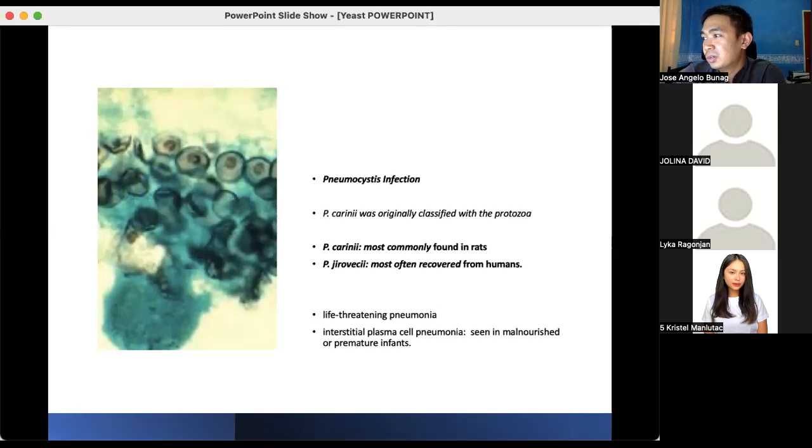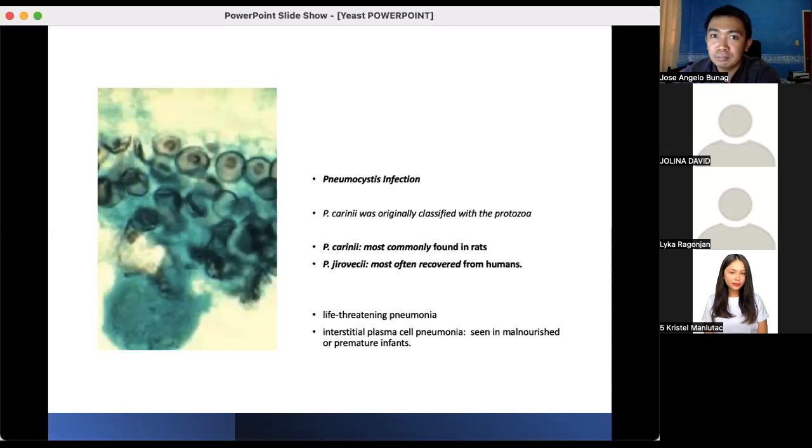Kasi yung Pneumocystis carinii natin, pero actually, the new term is your jirovecii kasi ito po yung nakikita sa humans. Yung carinii kasi, these are found on your rats, but your jirovecii, these are recovered from humans. So the traditional diagnosis is that we just need to diagnose this by finding disease or trophozoite in tissues obtained through open lung biopsy.